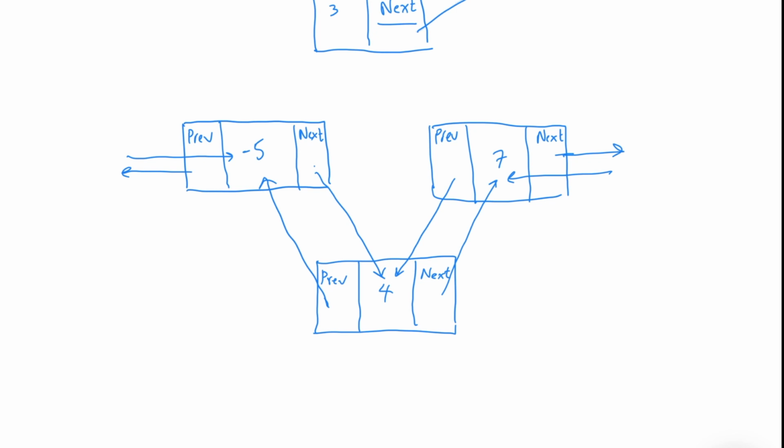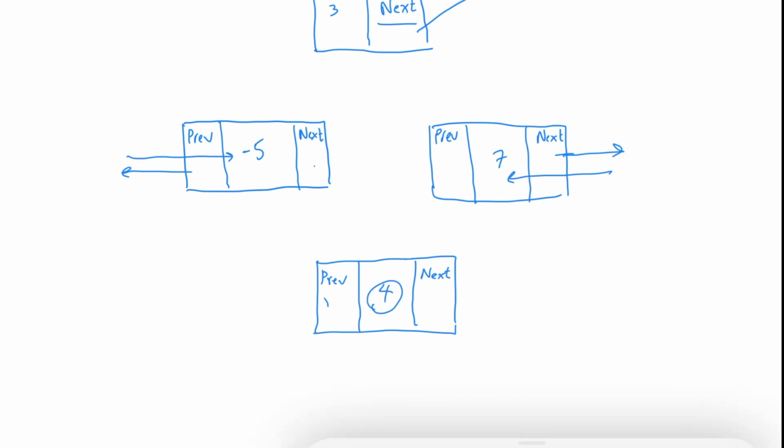If we were to delete a node from this list, let's say we want to get rid of this node with the value 4. What we're going to do again is make it an orphan, as we did before. It sounds terrible, but we're going to get rid of all the pointers from it to the other nodes.